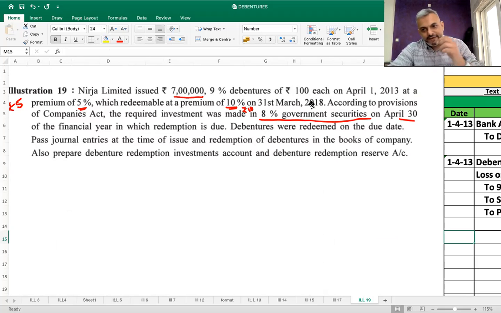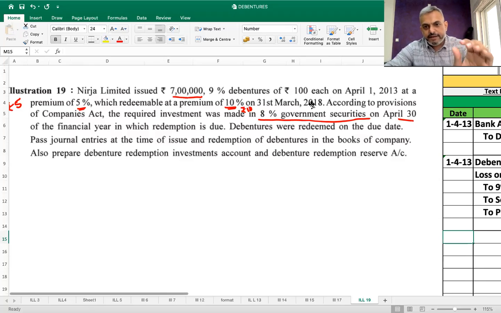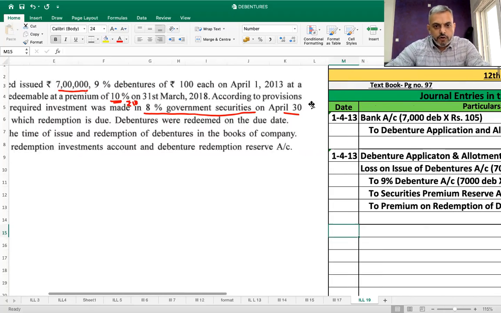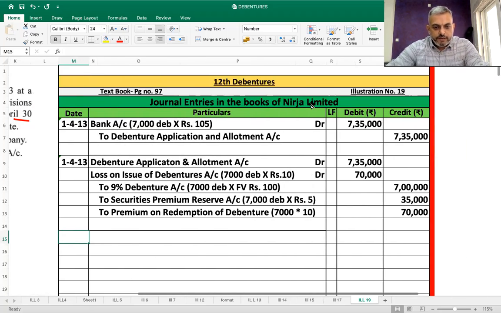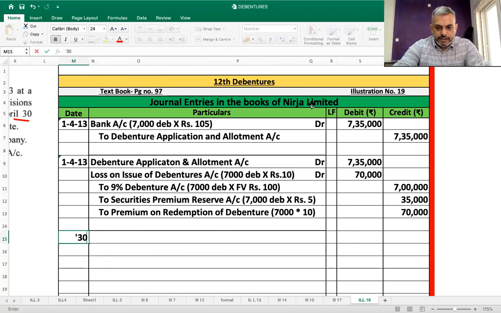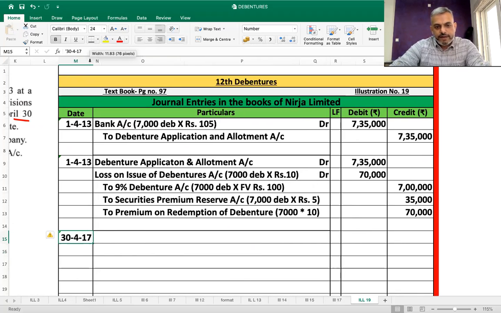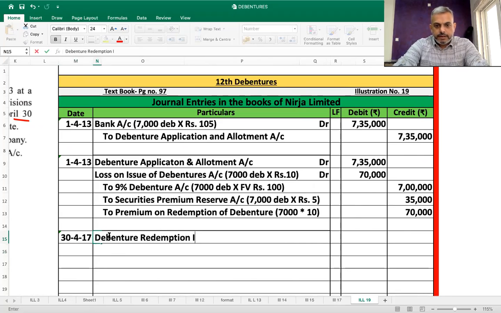So for the year 17-18, which is the year in which redemption is going to take place, on 30-4-17 first we have to invest 15% of the face value to debenture redemption investment account.